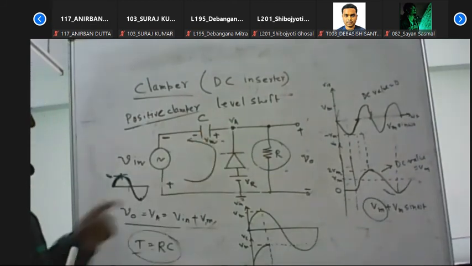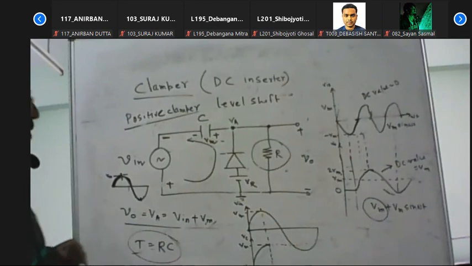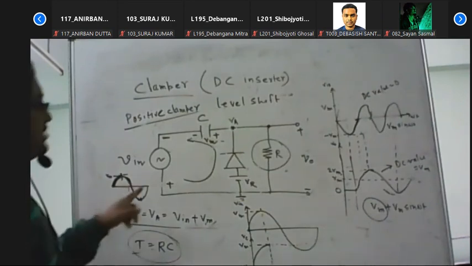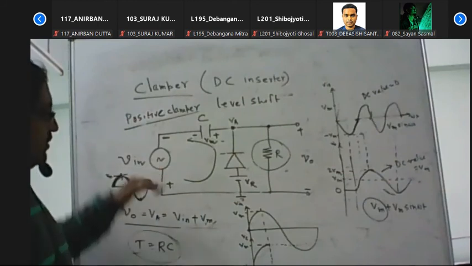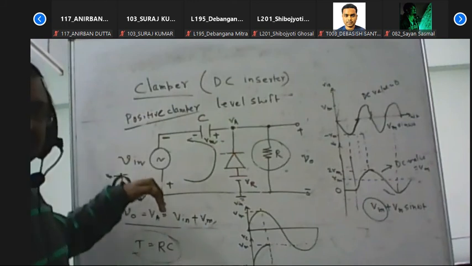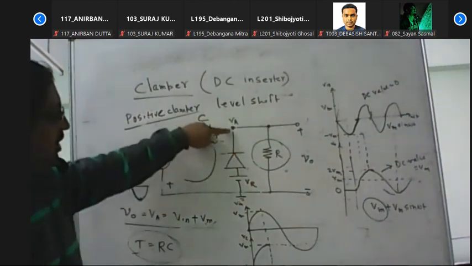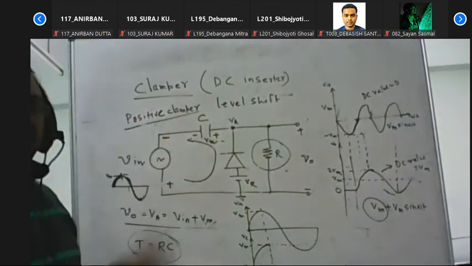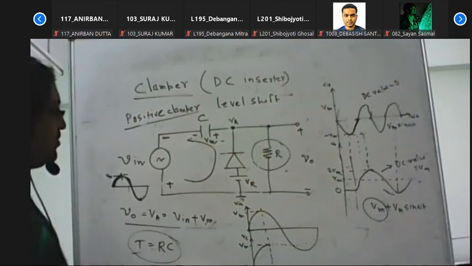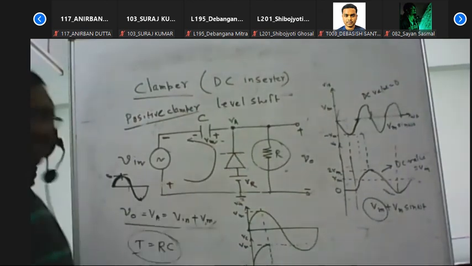So here, where will the VR appear? First, we can check the negative half cycle of the input signal. The negative cycle of the input signal reduces until it is minus Vm, because here it is connected to plus Vm.